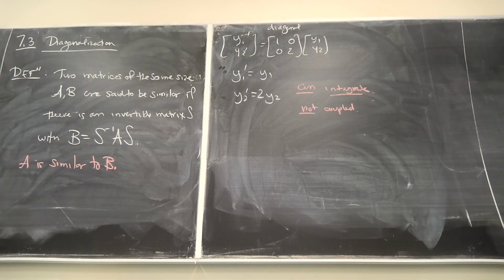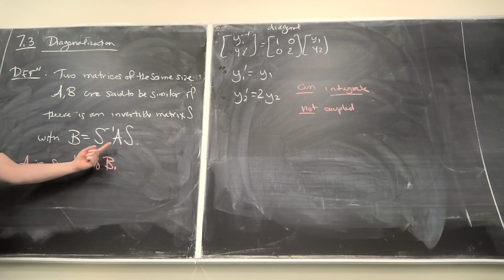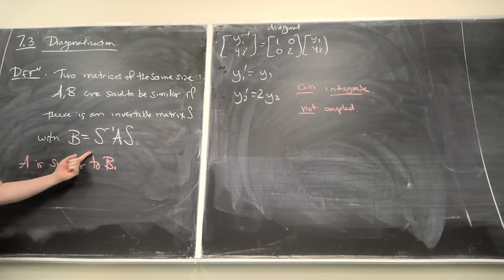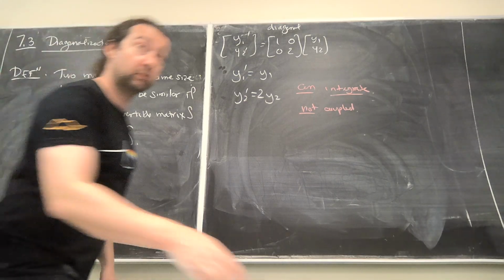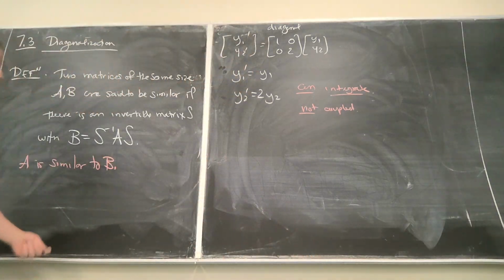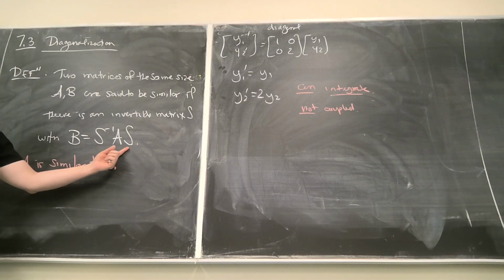A is similar to B if I can find an invertible matrix S such that B arises by taking A and pre and post multiplying by S and S inverse. Now, I don't have the time in this class to go through the theory of what that represents, but I can tell you in words. You should think about what these matrices are doing as change of coordinates, from like 241 when we did the change of coordinates theorems.